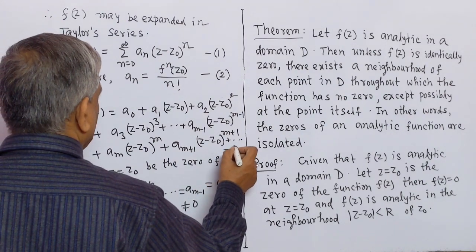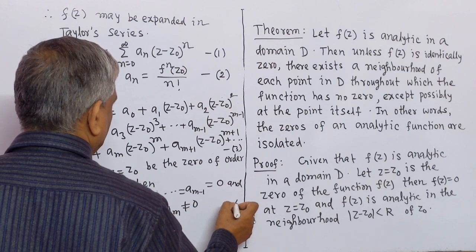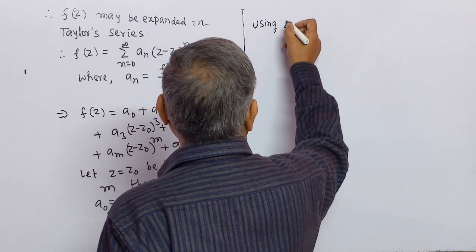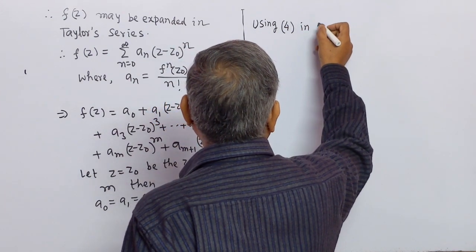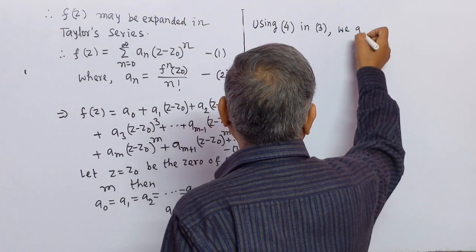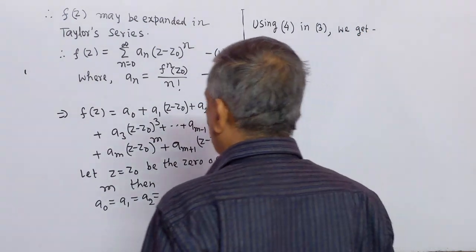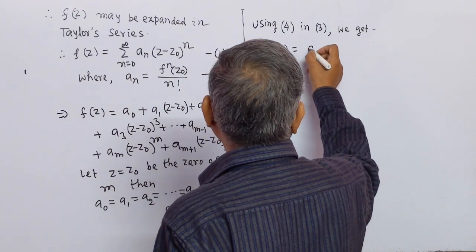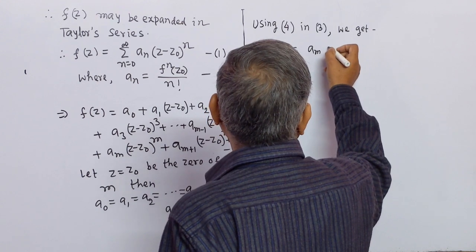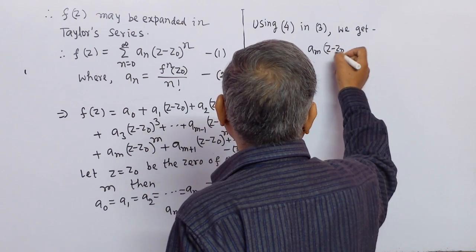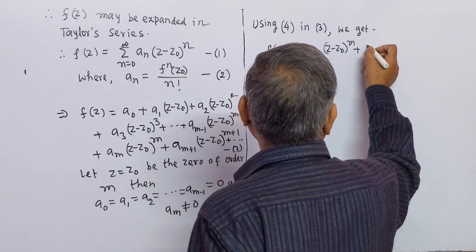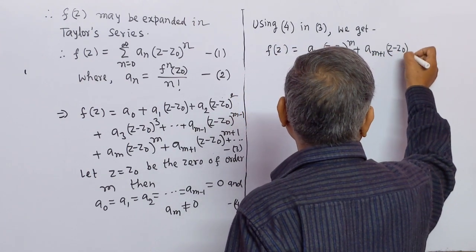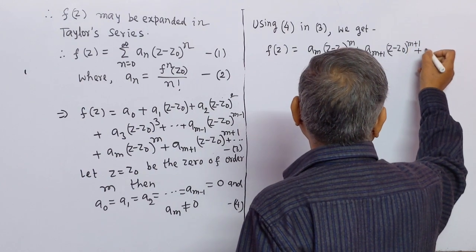This is number 3 and this is number 4. Using 4 in 3, we get f(z) equal to am (z minus z naught) to the power m plus a(m plus 1) (z minus z naught) to the power m plus 1 plus dot dot dot dot.